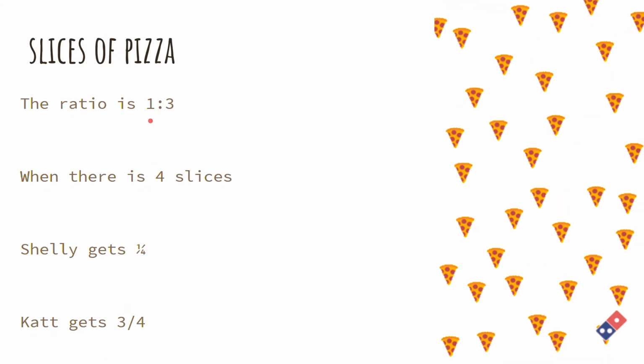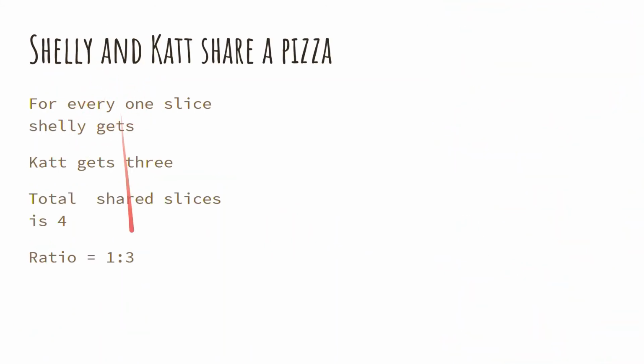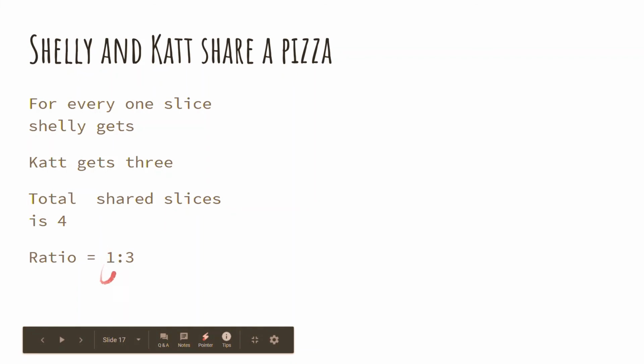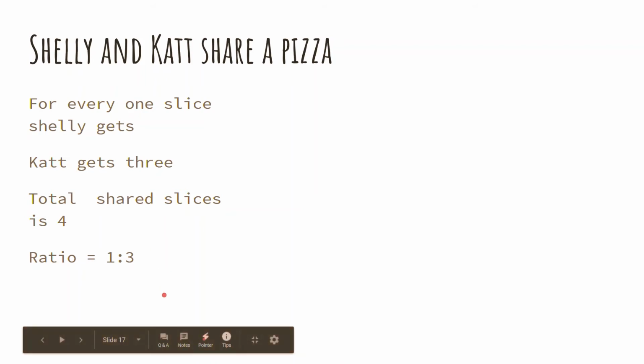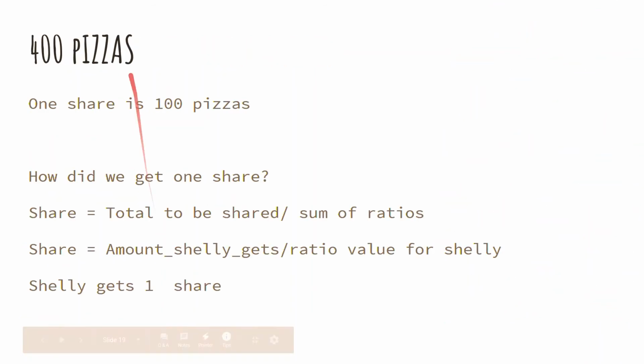So since Shelly gets 1 for every 3, Shelly gets 100 slices, and Kat gets 300, which is 3 shares times 100. And if you add 100 plus 300, it will give you 400, which is the total pizza slices in this case. And 1 share is 100 slices in this ratio.